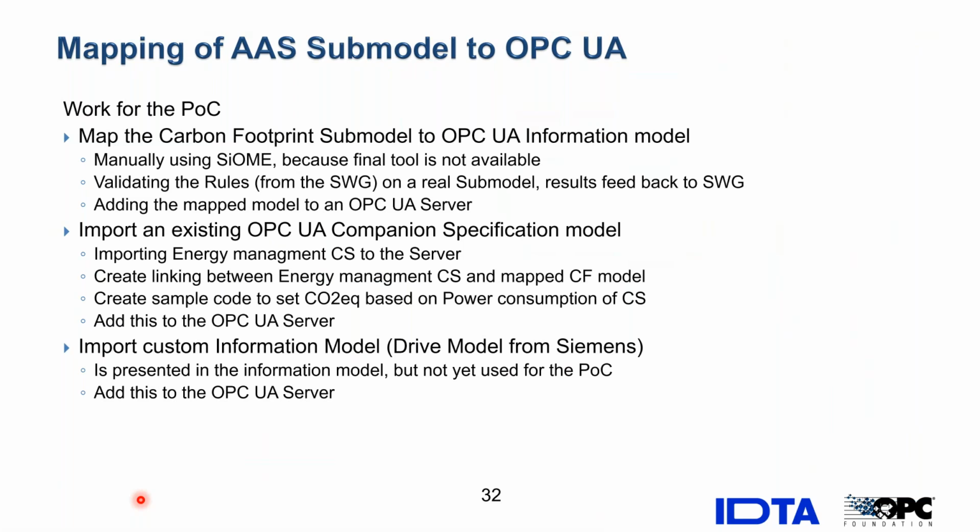To complete our use case shown by the POC, it was necessary to use the energy management companion specification and a custom information model from a drive, which she also implemented.